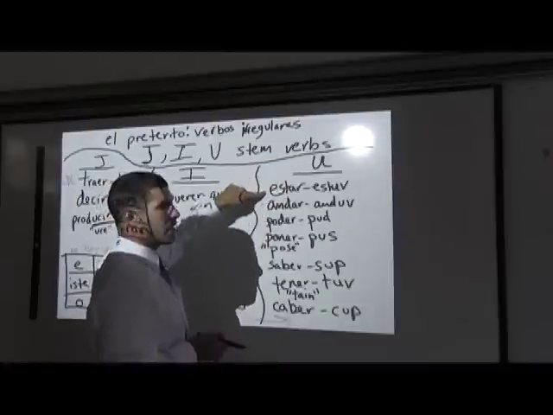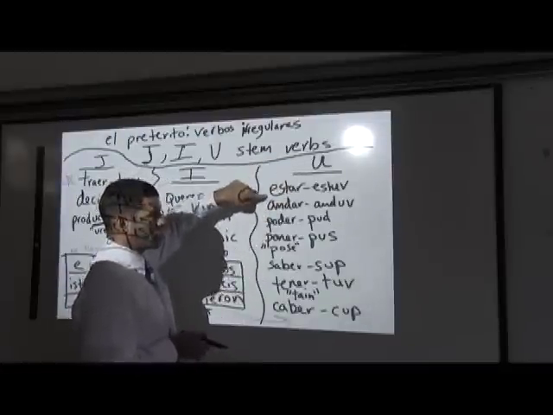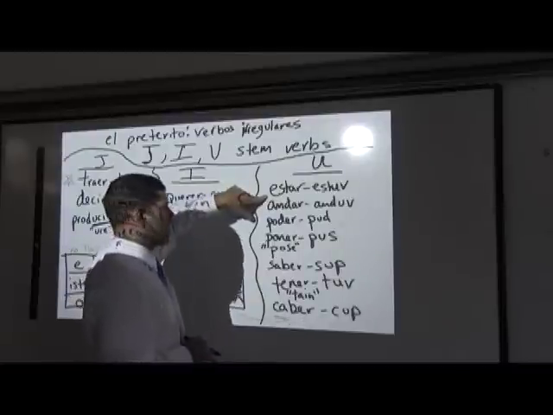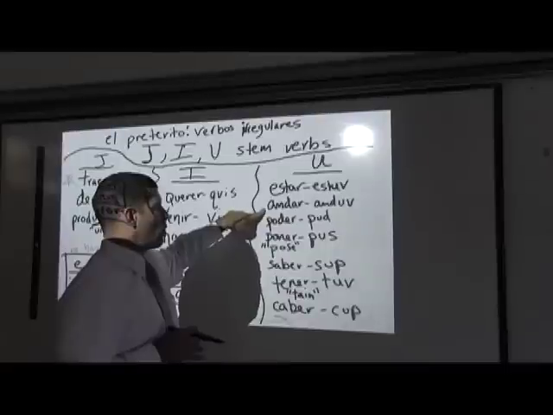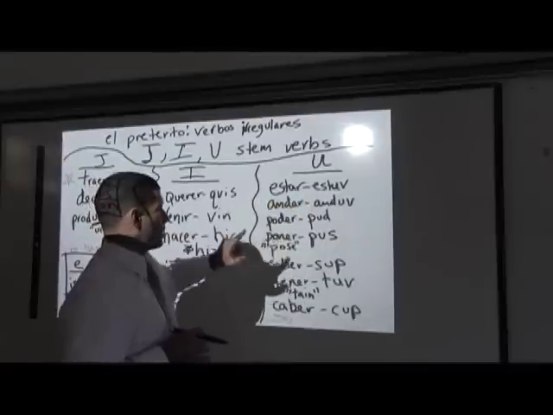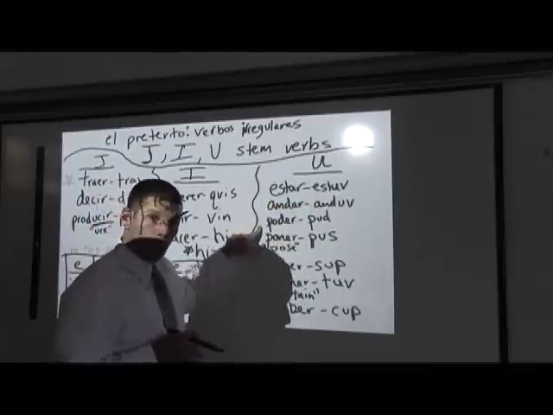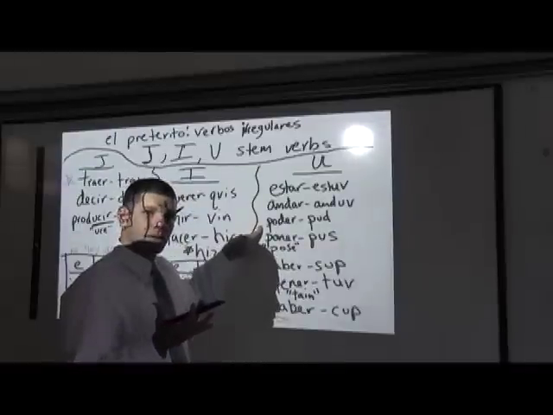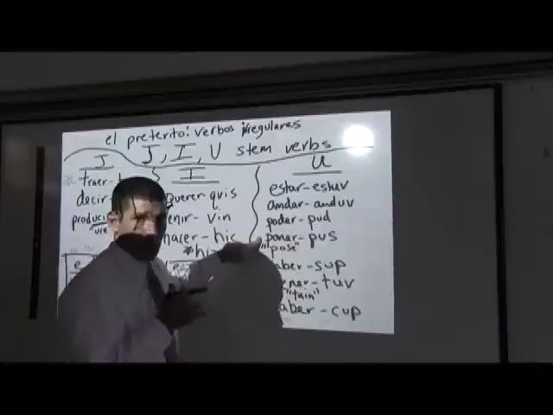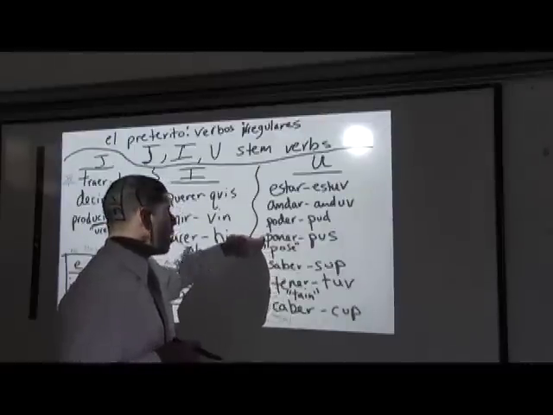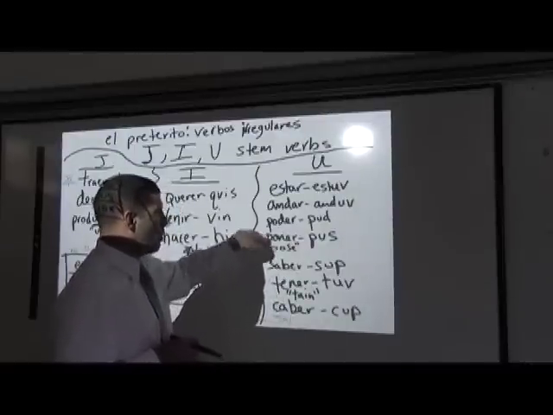U stem. Estar, estuv. Estar is to be, right? The ser/estar issue is another thing altogether. Andar, to walk pretty much: anduv. Poder, to be able: pud, which may mean something a little different in the pretérito. It might mean that you were not successful, you failed, depending on how it's used. Poner, to put in place: pus.